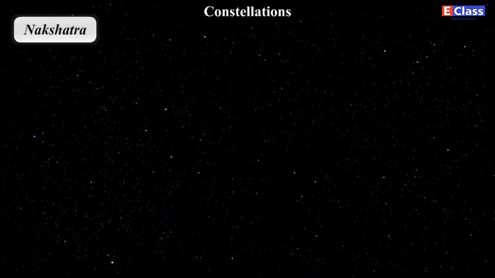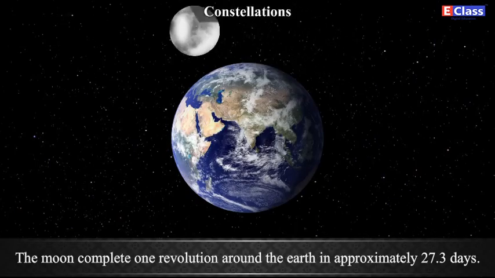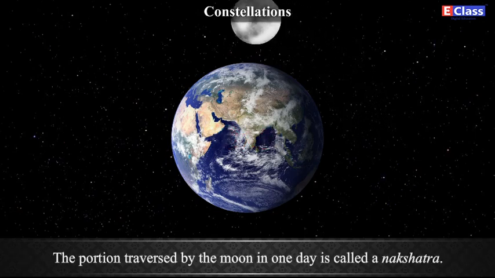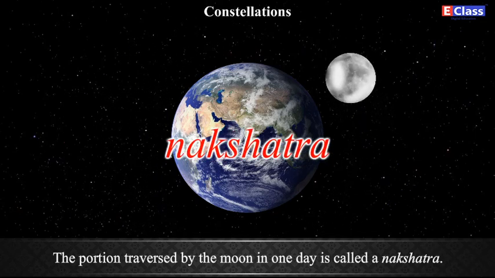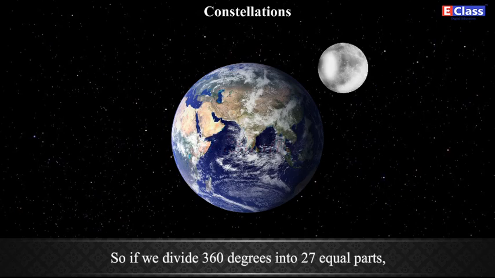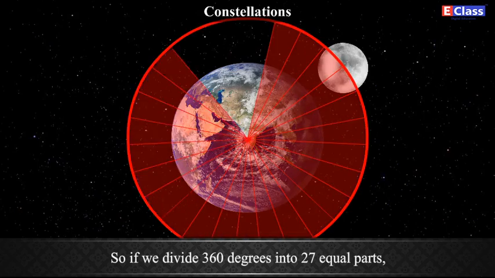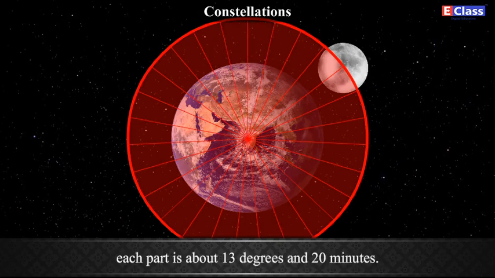Nakshatra. The moon completes one revolution around the Earth in approximately 27.3 days. The portion traversed by the moon in one day is called a nakshatra. So, if we divide 360 degrees into 27 equal parts, each part is about 13 degrees and 20 minutes.